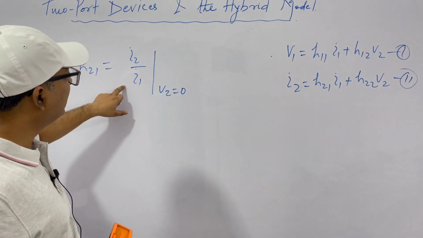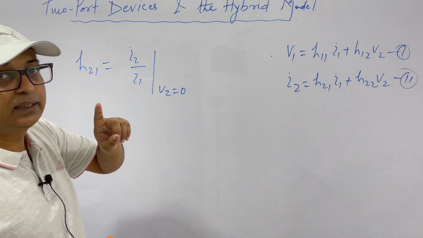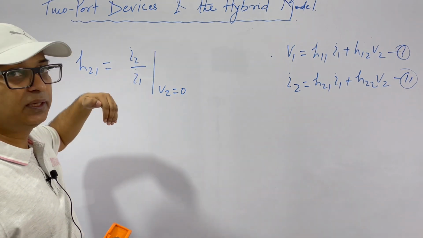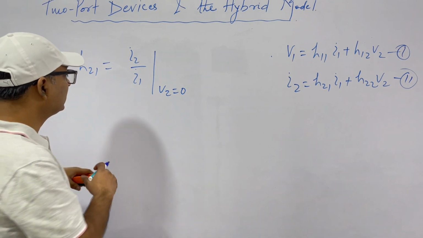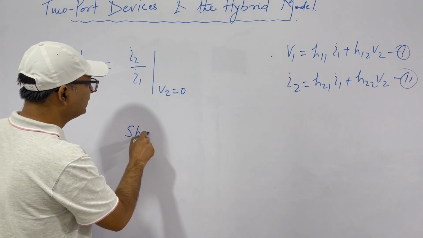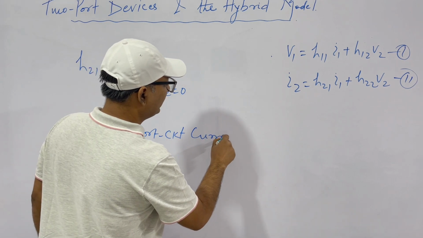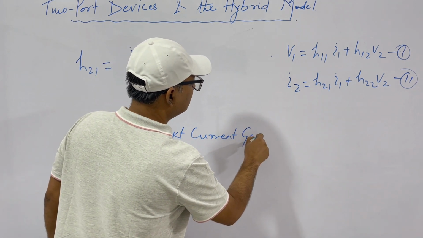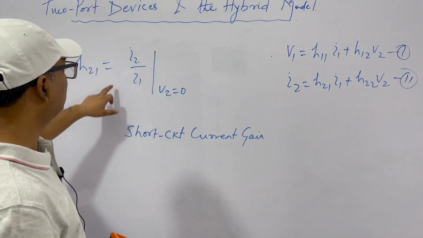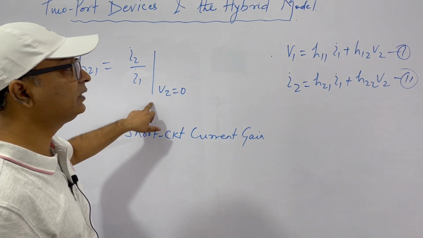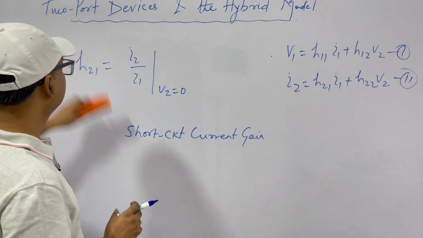And I2 by I1 is current gain, output current by input current. So this is short circuit current gain. You must have heard this term many a times. So this is short circuit current gain, a very important parameter.